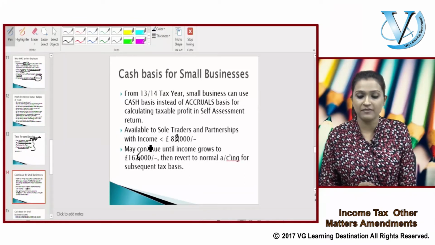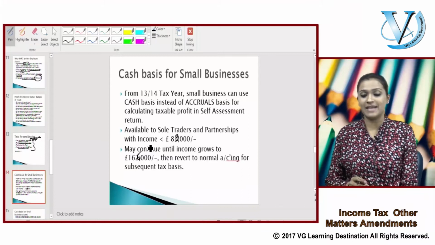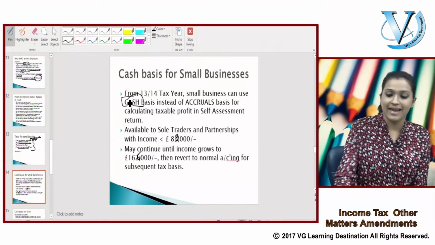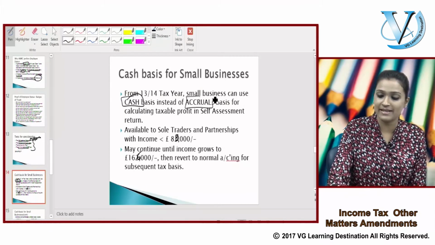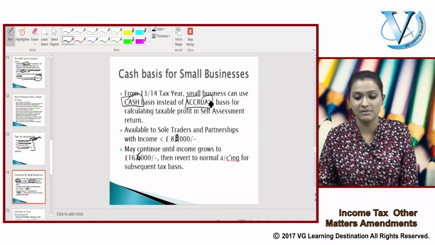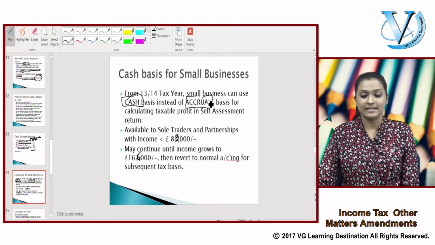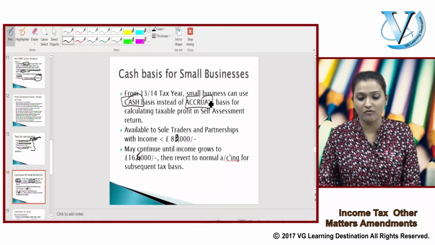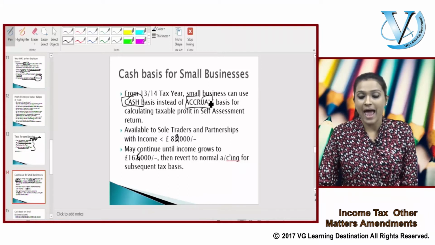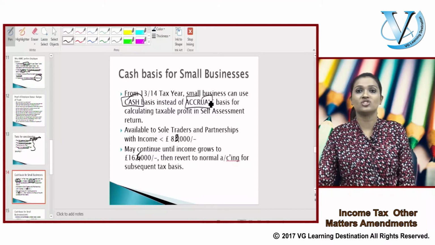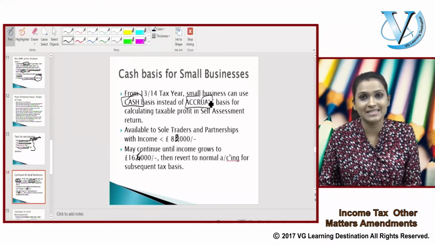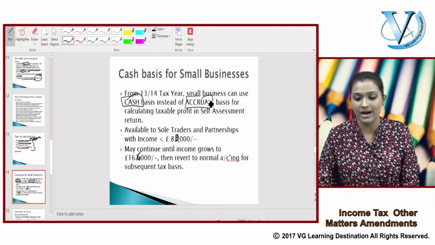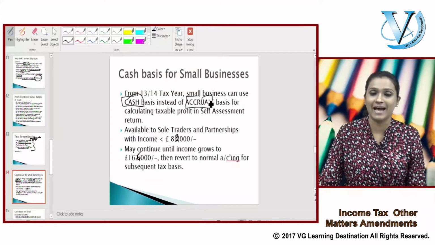So what do we have now? From the 13-14 tax year, small businesses can use cash basis instead of the normal accruals basis for calculating taxable profits in the self-assessment return, available to sole traders and partnerships with income of less than 83,000 pounds, and you may continue till you reach the threshold level of 166,000 pounds. Then you convert to normal accounting for subsequent tax years.